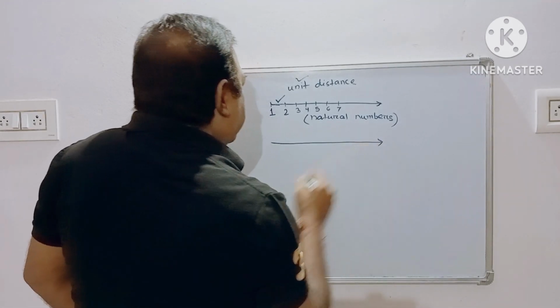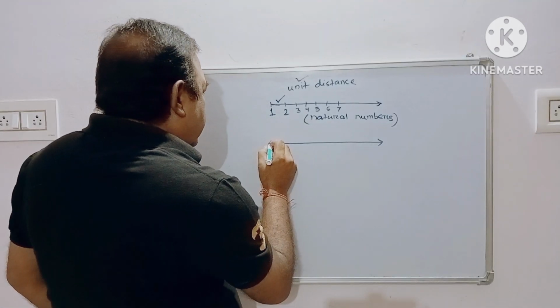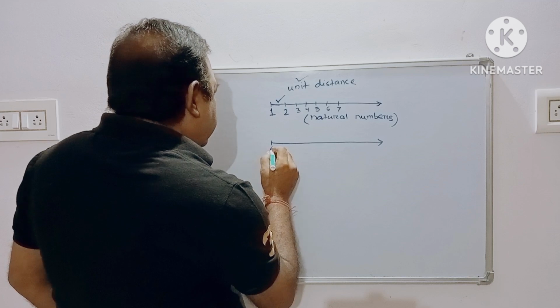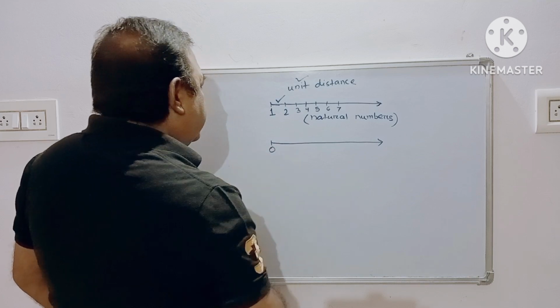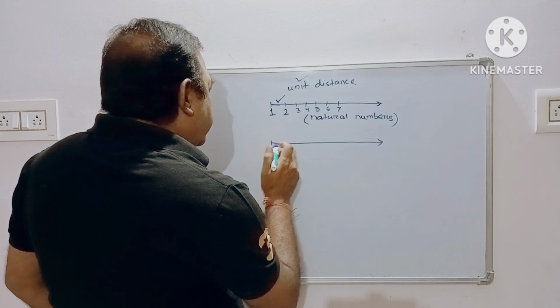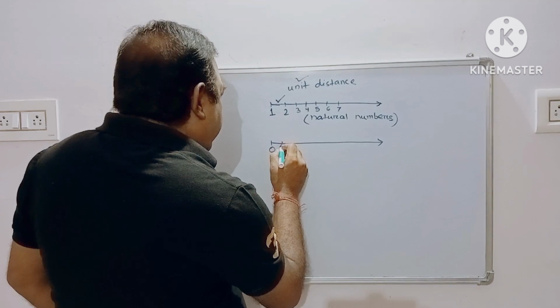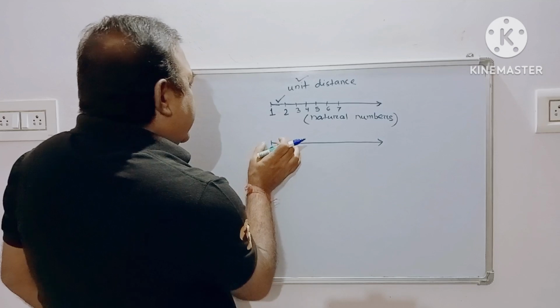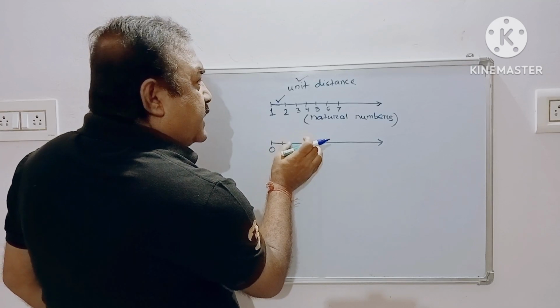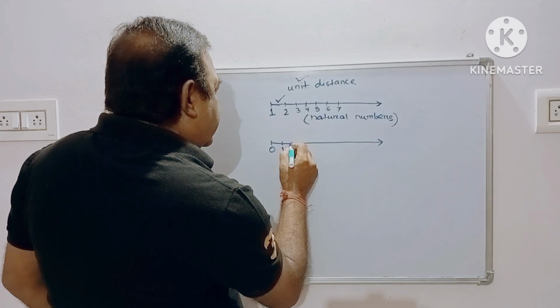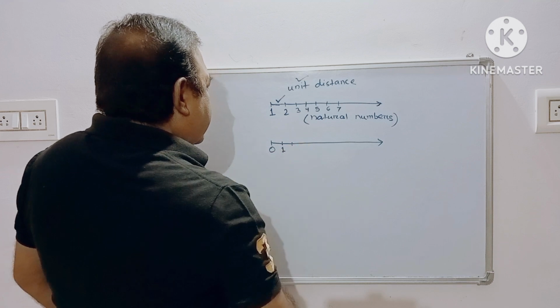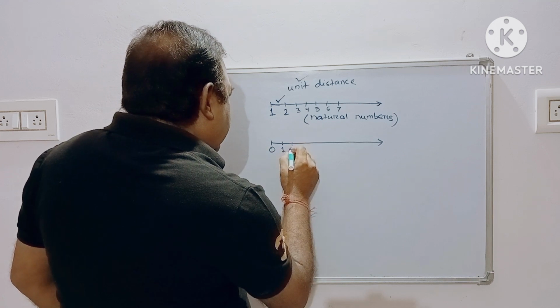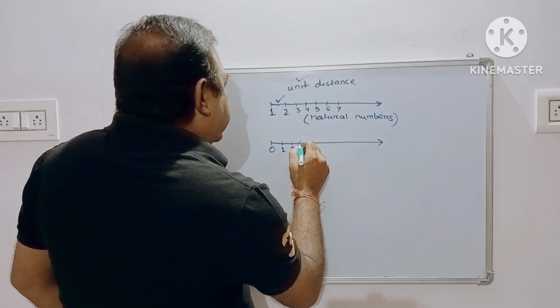I will draw for whole numbers. You mark and label 0, and to the right of 0, give a second point, 1, then maintain these unit distances towards the right. The next, label as 2, like this.